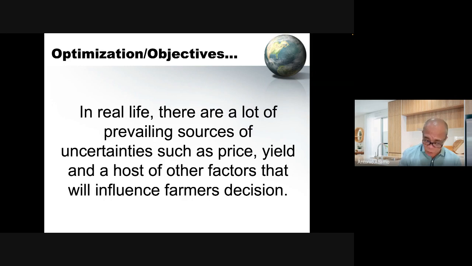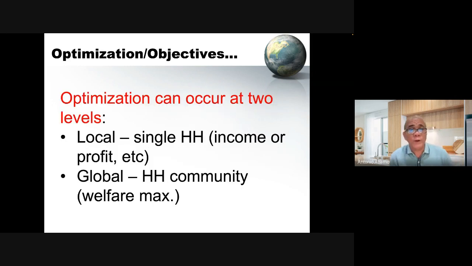Okay, so there are many other factors that will influence the farmers. So if we talk about optimization objectives, there are two. Okay, optimization can occur at two levels. Meaning to say, they have to attain or achieve the objectives of the household either for profit or for food security.